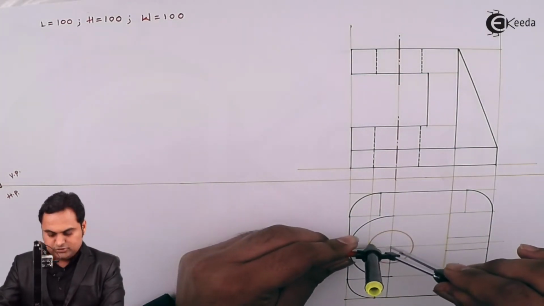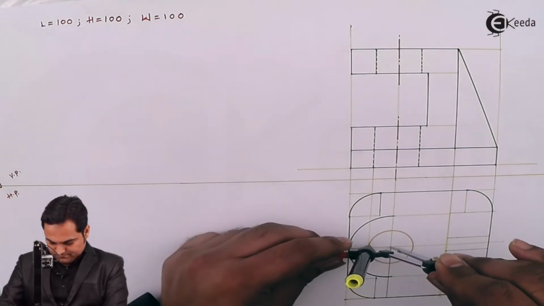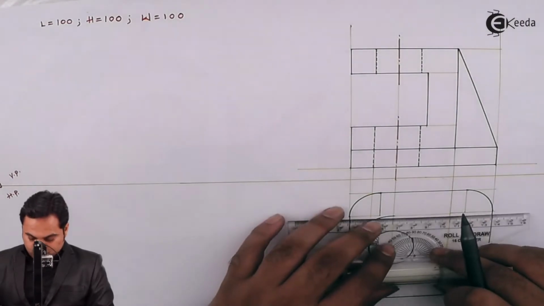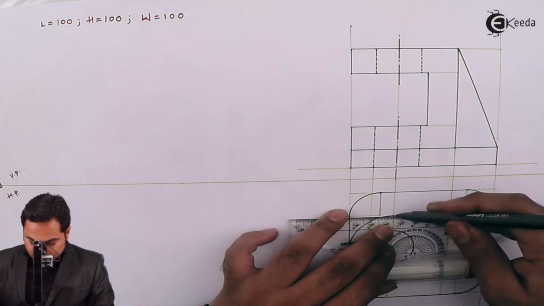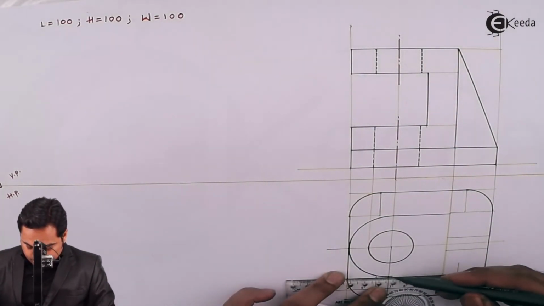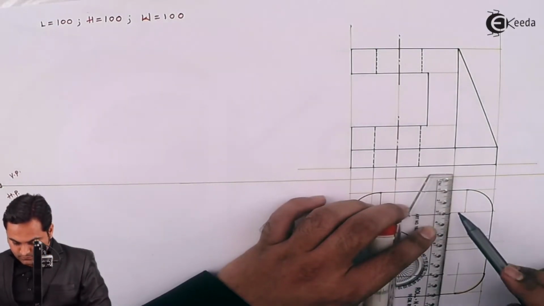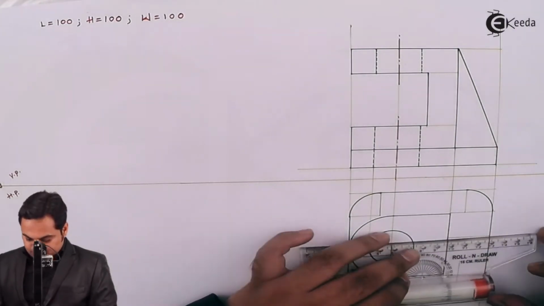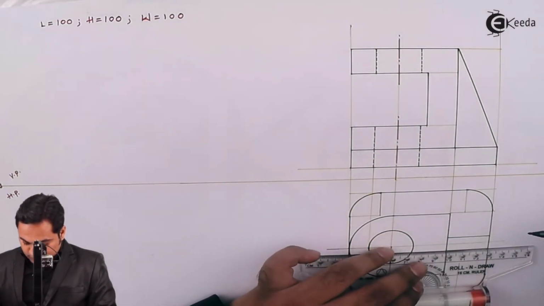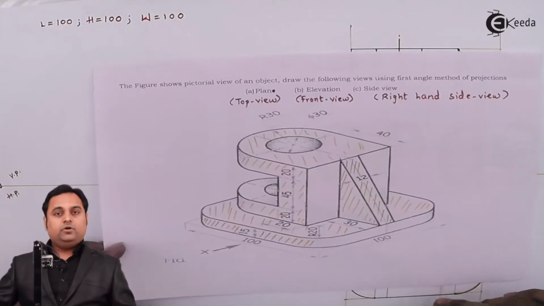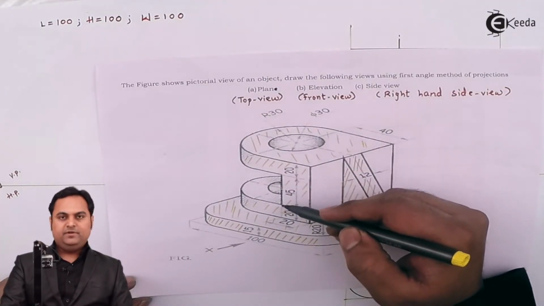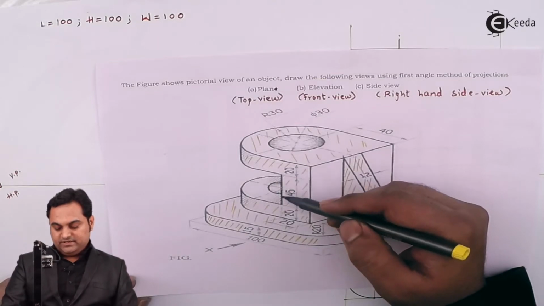Next, this circle is also visible. This portion is extended. Even the rib will be made dark. But when we are looking from top, this height is not visible. But here there is a cut.